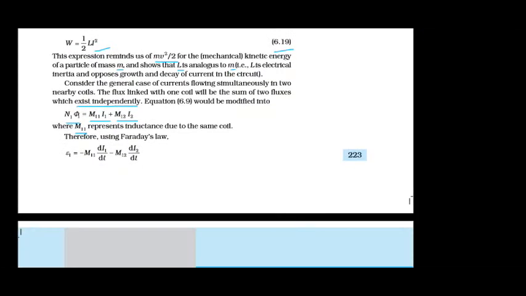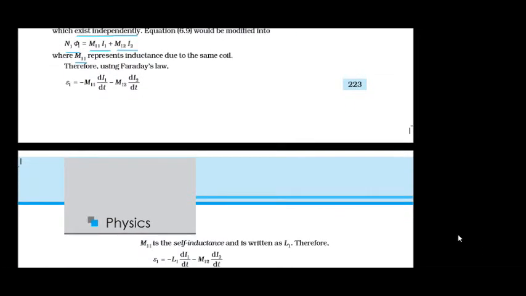Now, therefore, by Faraday's law E1 is equal to minus M11 di1 by dt minus M12 di2 by dt. So, in the presence of the second coil, this term is the inductance of the first coil with respect to the second coil, and for the self inductance, this term.